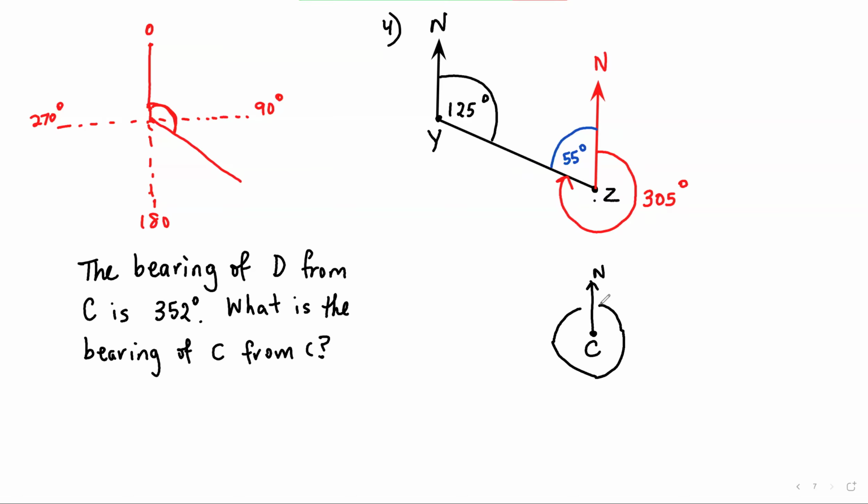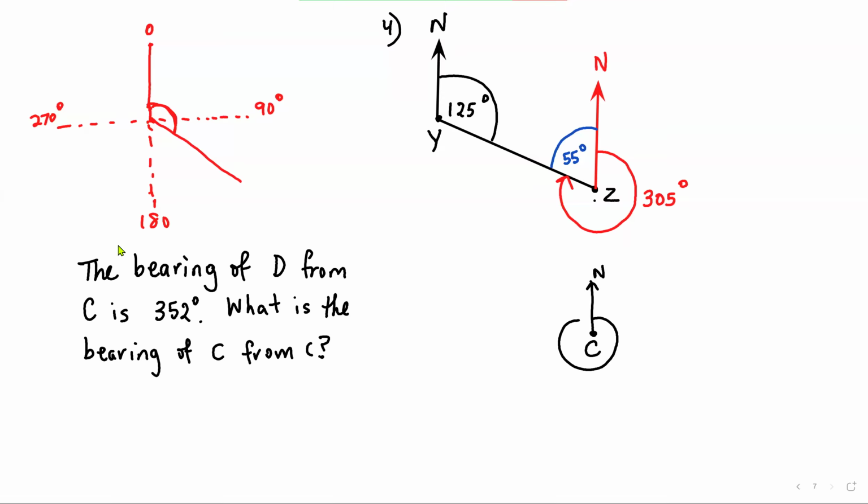So 352 will be much closer to the north line, because 352 is almost 360 degrees. So that angle is going to be a big angle all the way around, and maybe there. So that is your line.